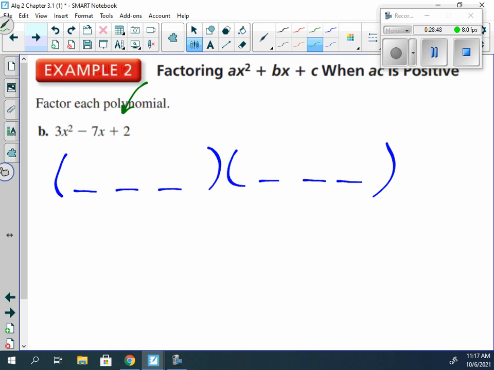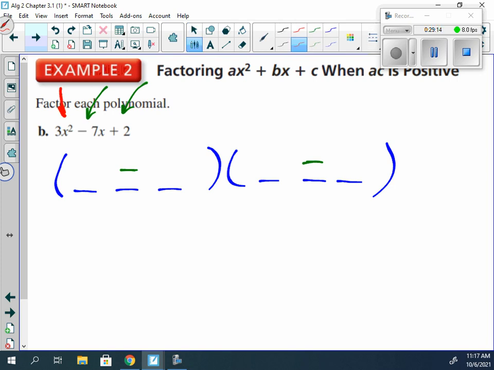Well, here our third term is positive. So the signs are the same and they match the sign of the middle term, which is negative. So our two signs would be negative and negative. Any questions on this here so far?